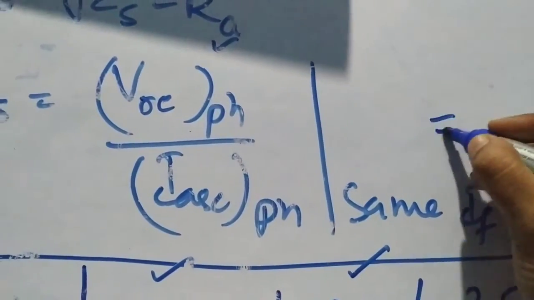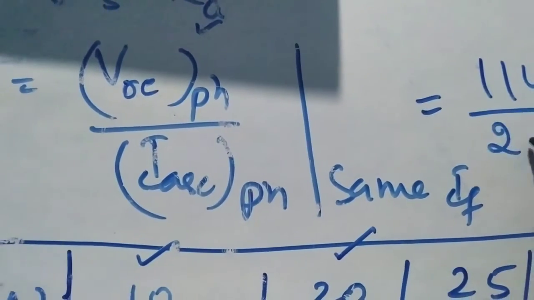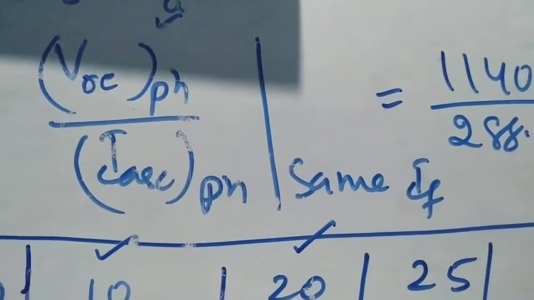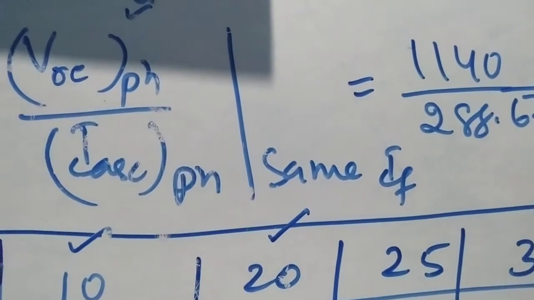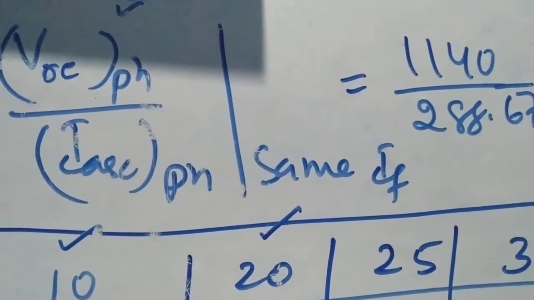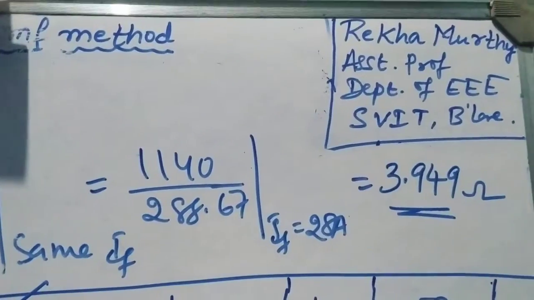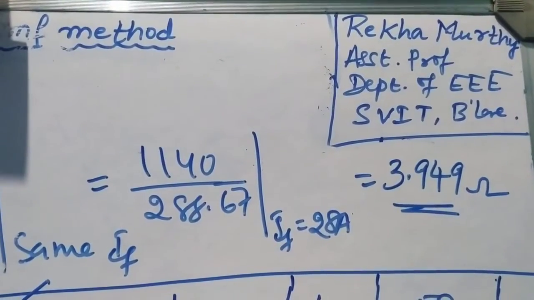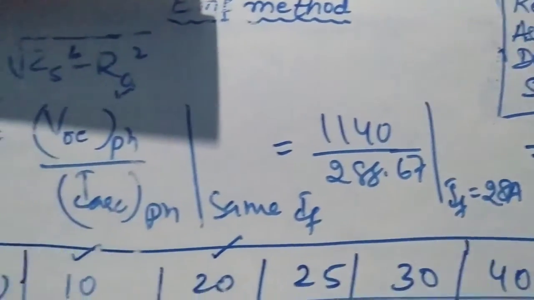So that value will be equal to 1140 divided by 288.67, for the same value of field current, that is IF equal to 28 amps. After solving this we get the value as 3.949 ohms. So that is ZS.